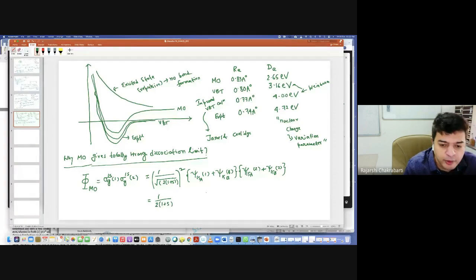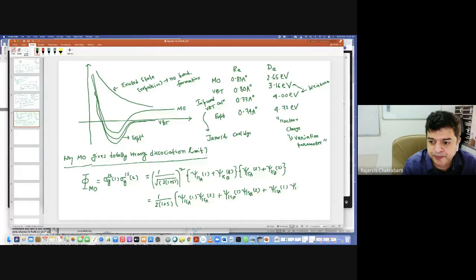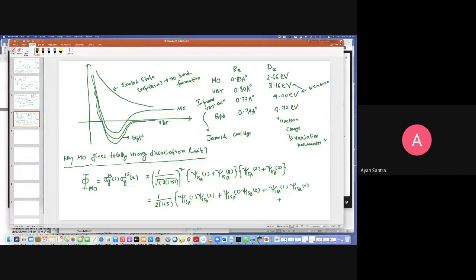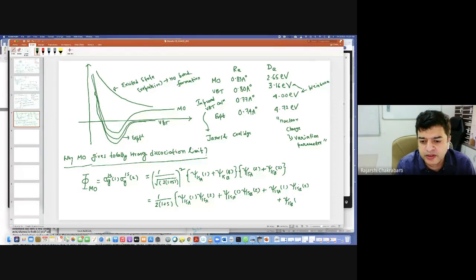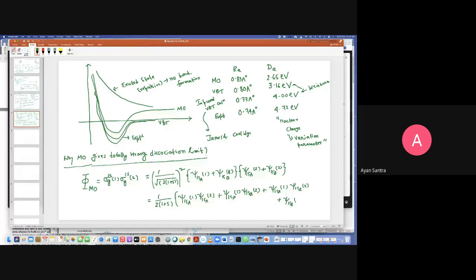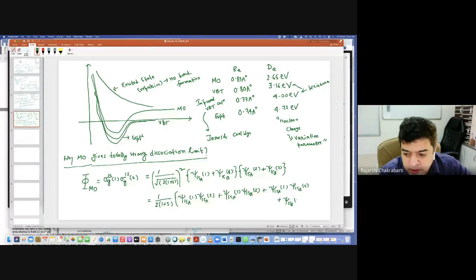if I expand this term, the first term is psi 1sA(1) psi 1sA(2) plus psi 1sB(1) psi 1sB(2) plus psi 1sA(1)... There is no pi term, because I'm writing only the 1s orbitals, not the expression itself.